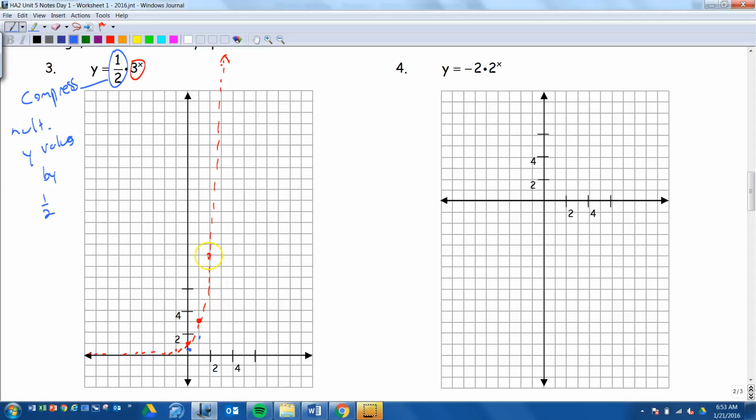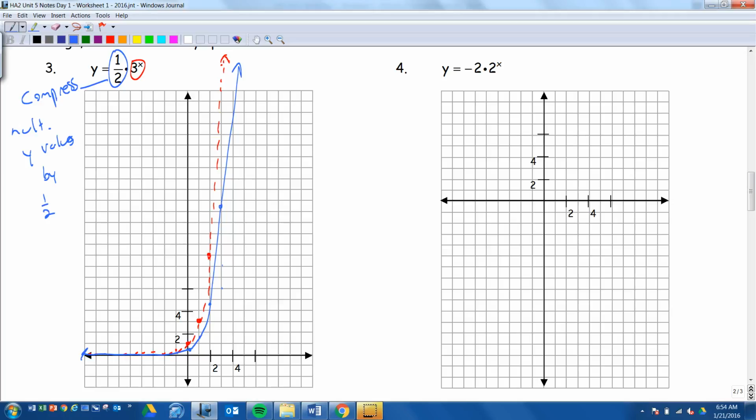This point was at, I believe, 9, so now we're at 4.5. So that point comes down here. This point was at 27. Now it's at 12. No, that's not right. 13.5. So all of these have gone down by half, so the final graph looks something like that. Alright, so it compressed it towards the x-axis a little bit.